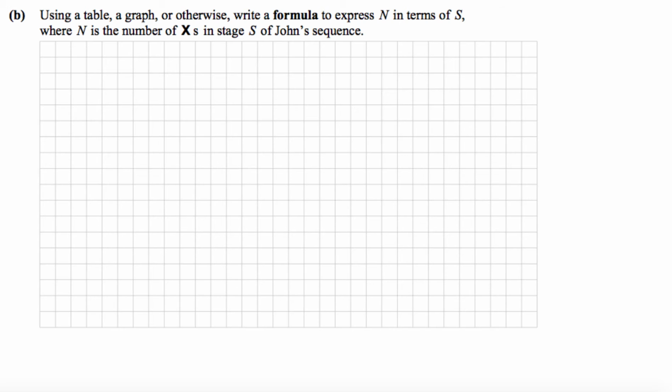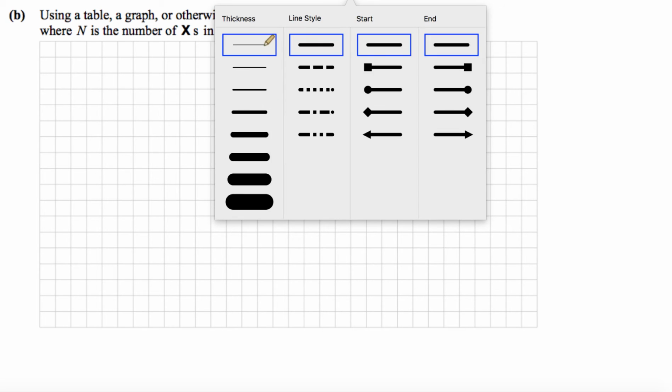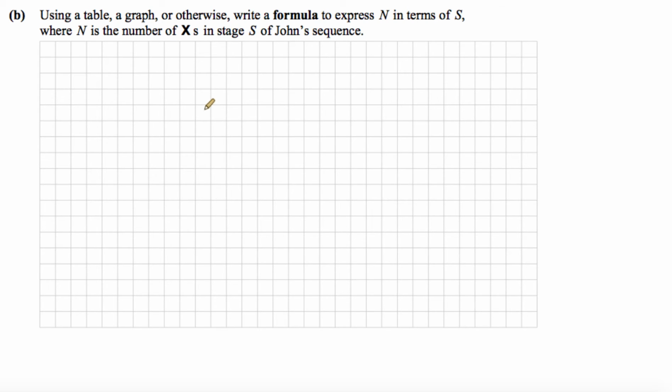Part B says using a table, a graph or otherwise write a formula to express n in terms of s, where n is the number of x's in stage s of John's sequence. Okay, so n is the number of x's.